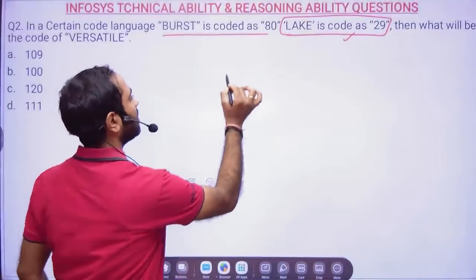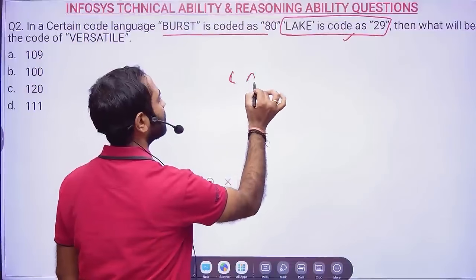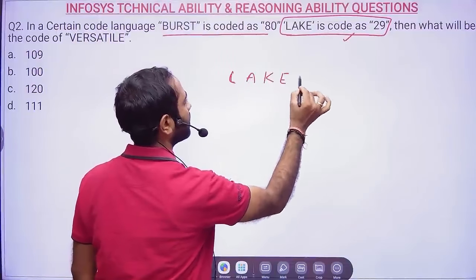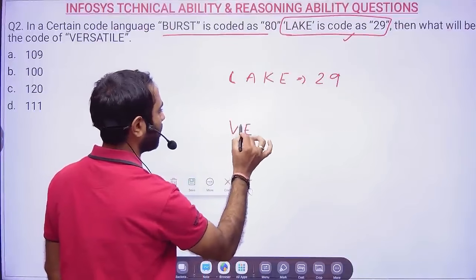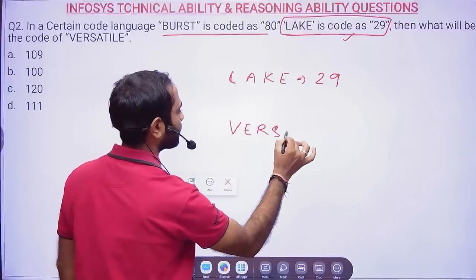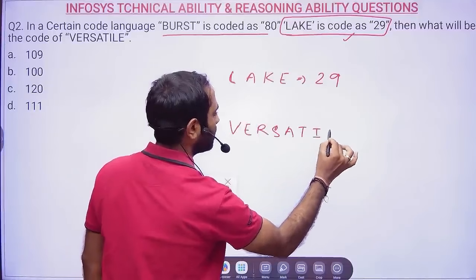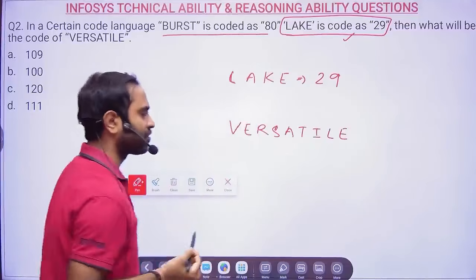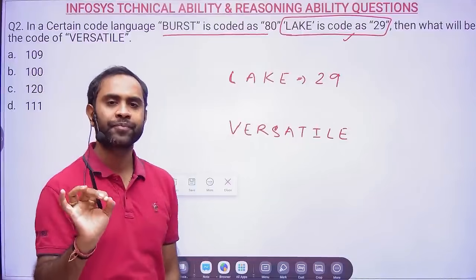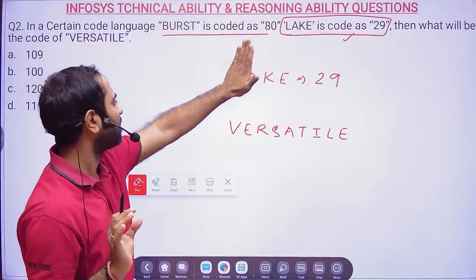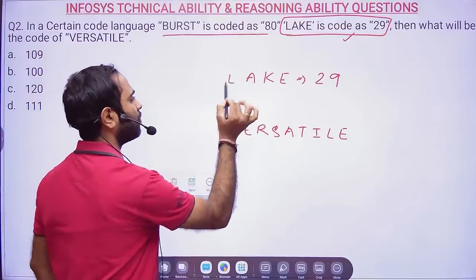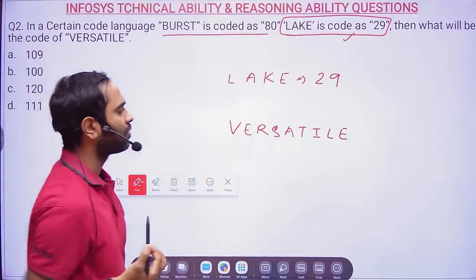So lake is coded as 29. Then they are asking you to find the code for versatile. Now, the main problem with this kind of question is remembering the alphabetical position of the letters. But you do not have to remember. I will tell you the tricks, okay? With the tricks, you will easily be able to solve it.